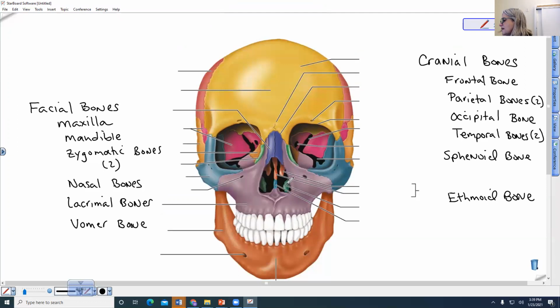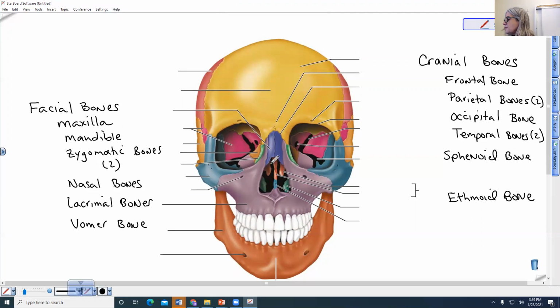We're going to talk about these structures in here. These are the conchae, and the conchae actually help to create turbulence in the air as you breathe it in. So when you look at this structure right here, this whole thing is what is referred to as the perpendicular plate.